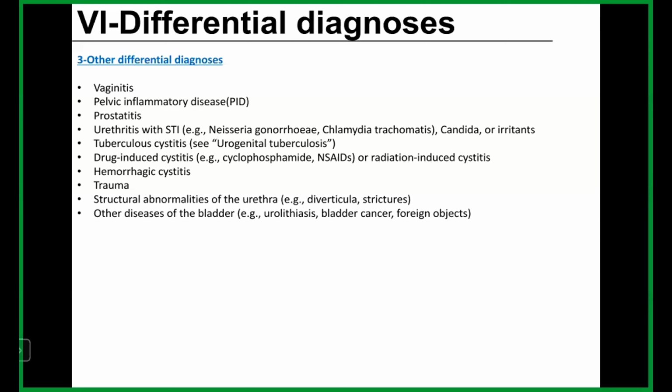I didn't see any patient with tuberculosis cystitis, but in another country, in Mexico, I saw many people. And drug-induced cystitis, hemorrhagic cystitis, some trauma or car accident, structural abnormality of the urethra, like diverticulitis, as I said, or other diseases of the bladder.